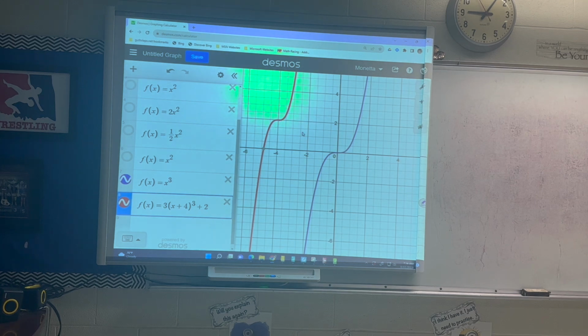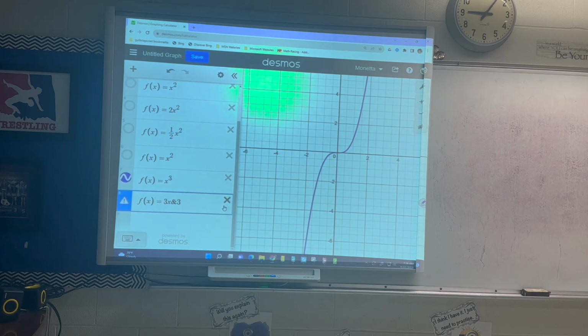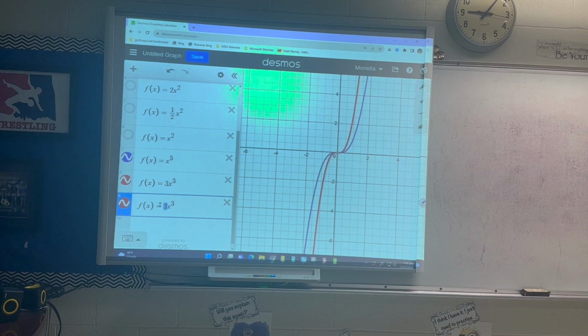Okay? So let's look at what a compression would look like. Let me go ahead and put all of this back as if we're just messing with that so you can see the comparisons. And I'm going to make one smaller. I'm going to make it shrink. So in order to shrink, I need between 0 and 1. Let's do maybe a fourth.